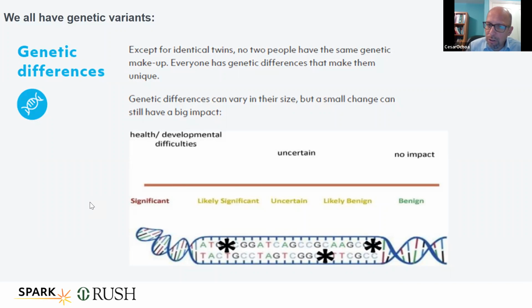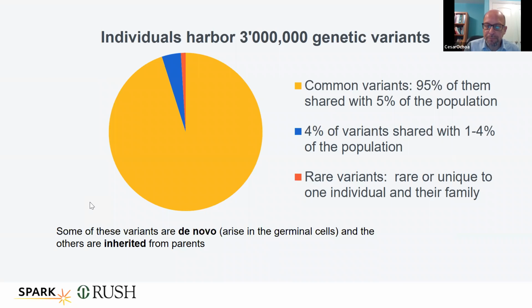But there are other genetic variants that code for proteins that are not really important, that don't have a key role, and there might be other genes that code for the same protein or a similar protein. So you have genetic variants that go along a spectrum from significant to benign, that may cause more or less difficulties in the individual that carries them.